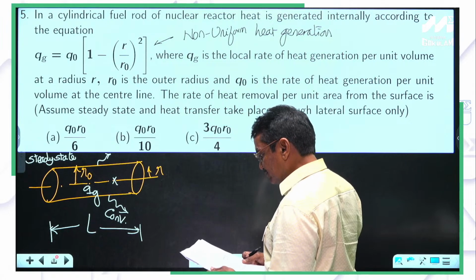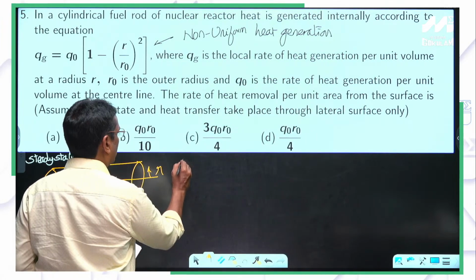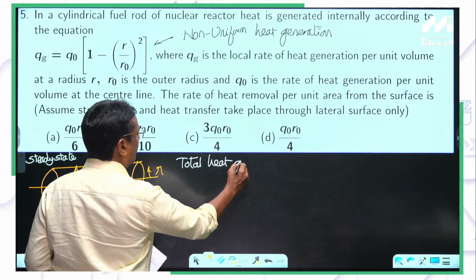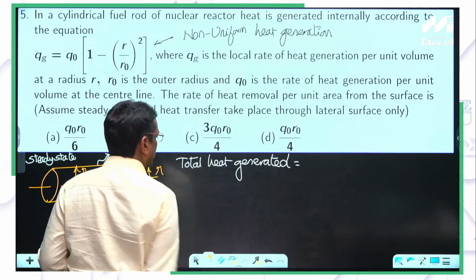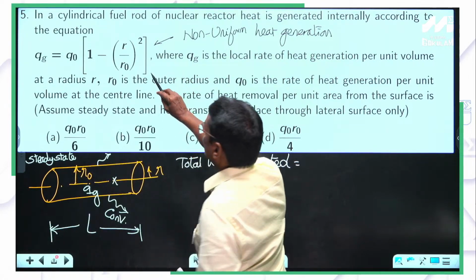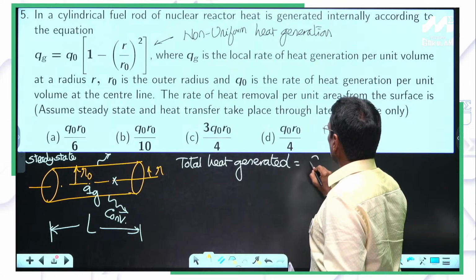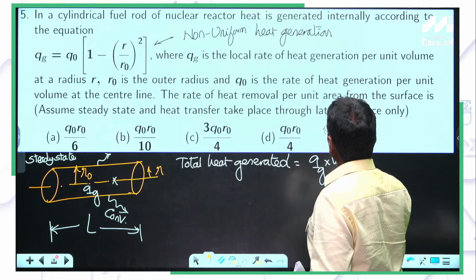The total heat generated will be, it is per unit volume. See that, heat generated per unit volume, that is Qg, into the volume of the rod.